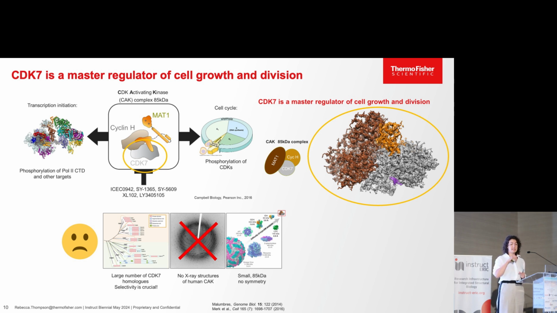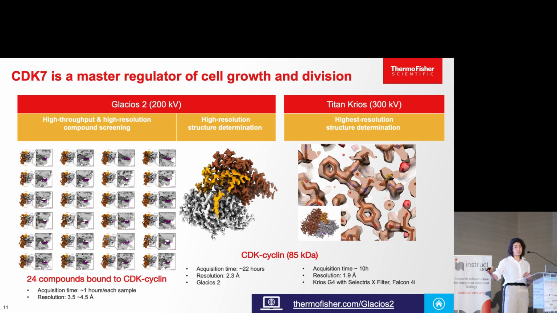So what Basil and his team were able to do was purify this protein and then make use of the multi-grid EPU and the software advances there to collect multiple small, in this case, 1 hour data sets on CDK7 with the particular molecule of interest.